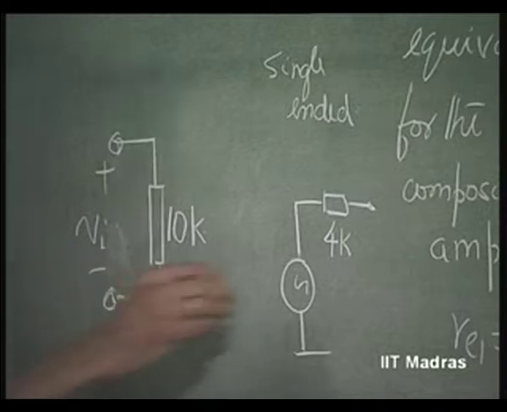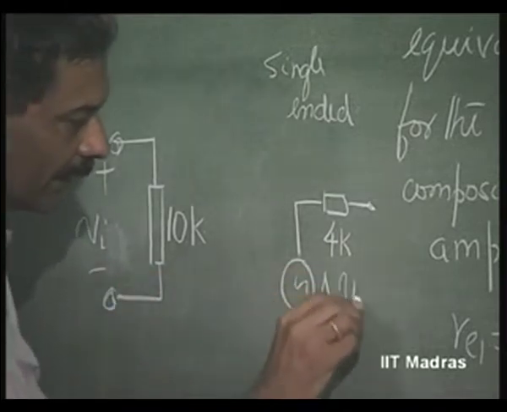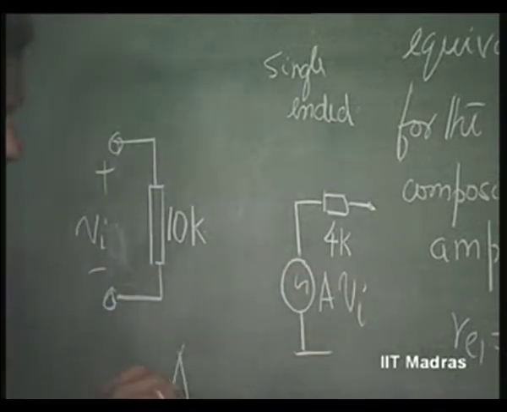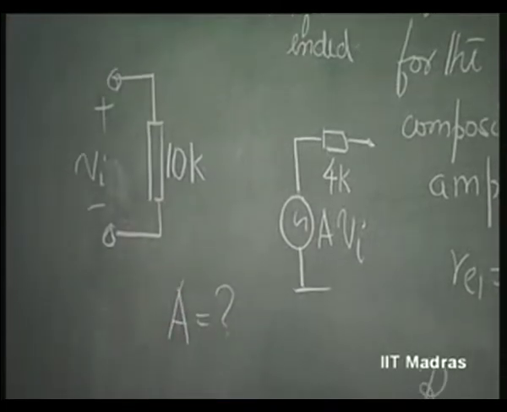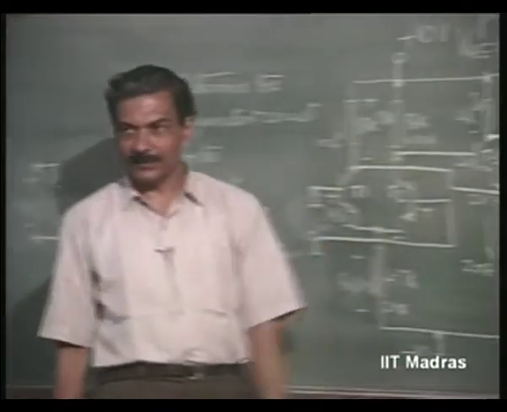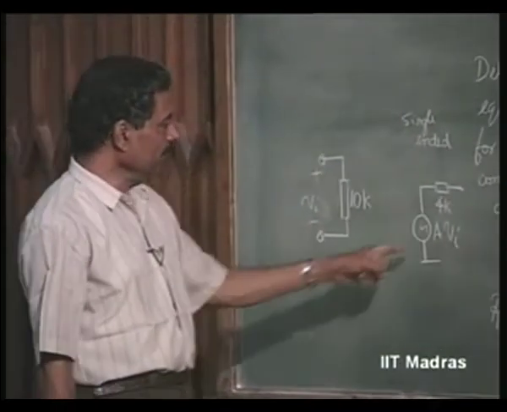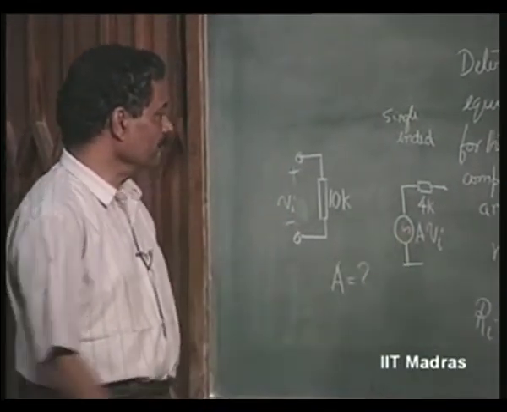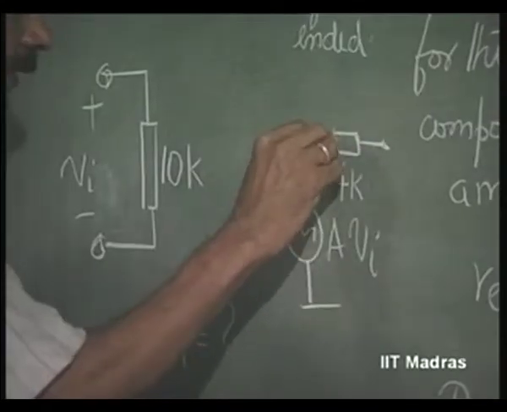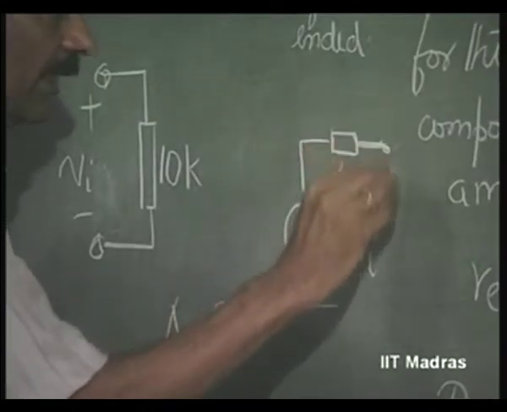So, this Vi is going to be appearing as A times Ei. We have to find out what A is, the composite differential mode gain. Input is differential, output is single ended, that is what is considered now. So, this is the only parameter that has to be found out. All the other parameters associated with the equivalent circuit are known.